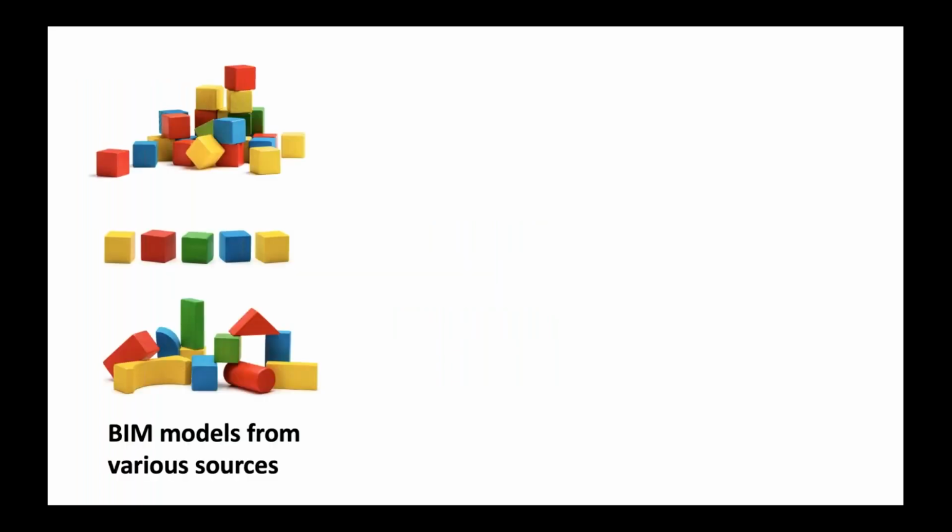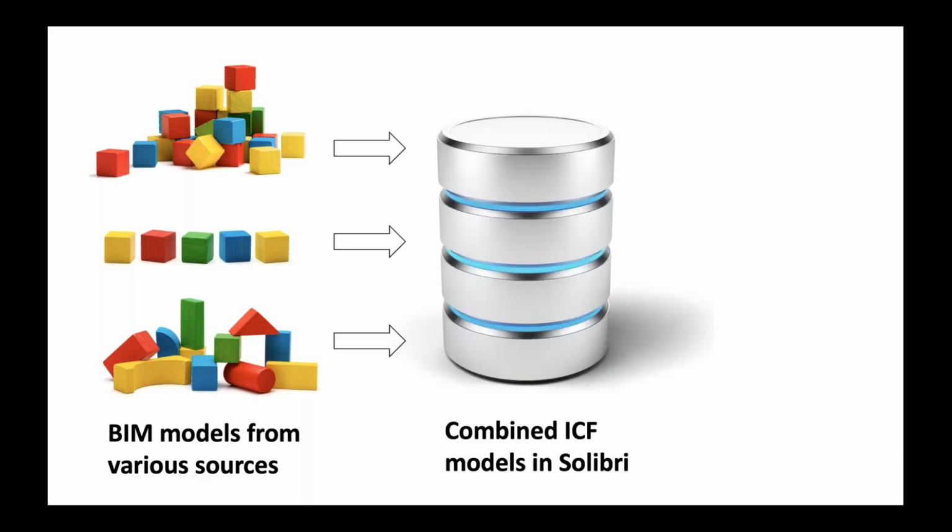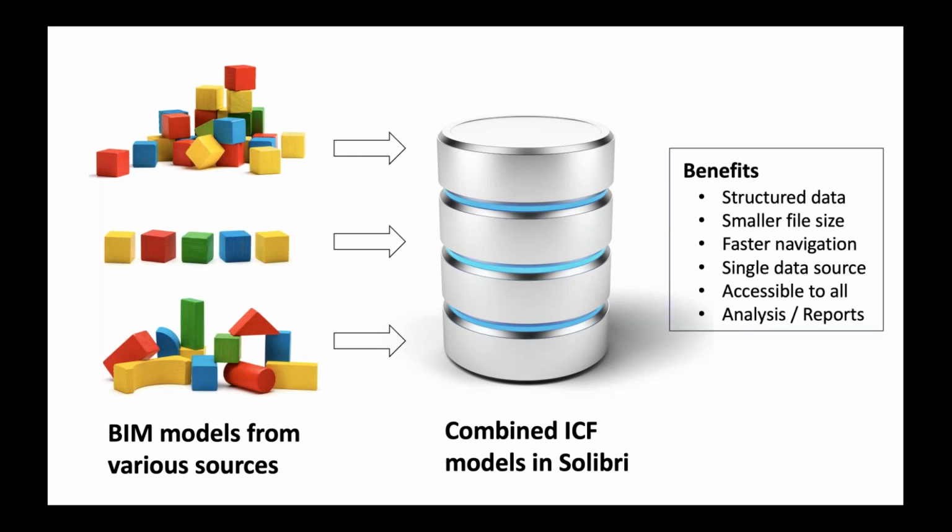Okay, so very quickly, I just want to lay the foundation. If there's one thing we get from this presentation, it's just how powerful IFC is for analyzing data. It's remarkable. So you have all these different BIM models. They come from various sources. They get combined into an IFC model, or multiple IFCs get combined in Solibri. And what you get is everything is better.